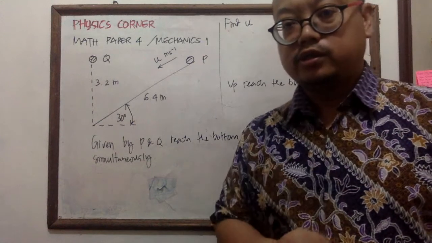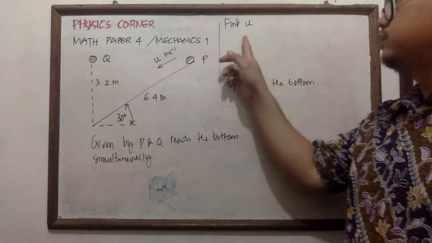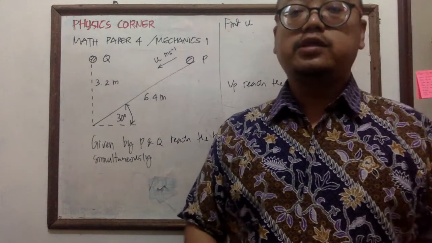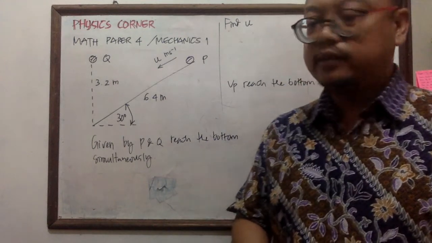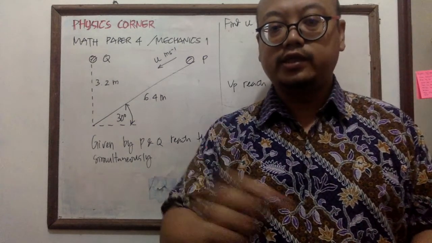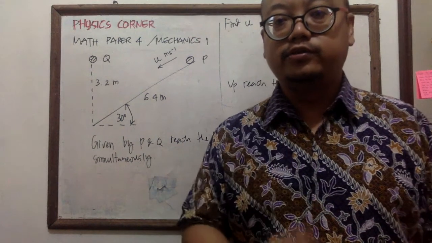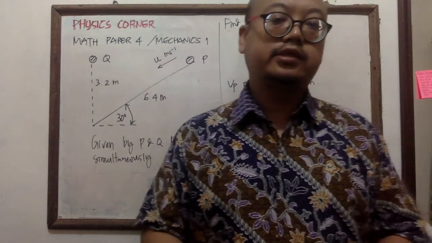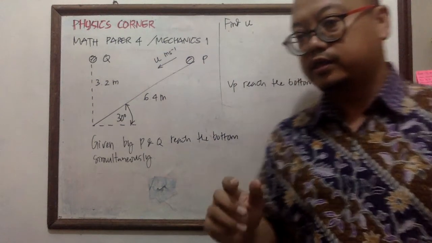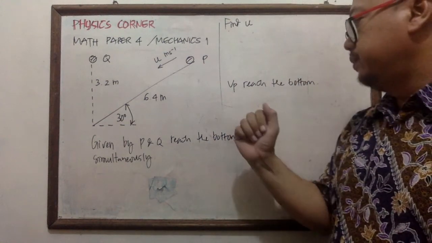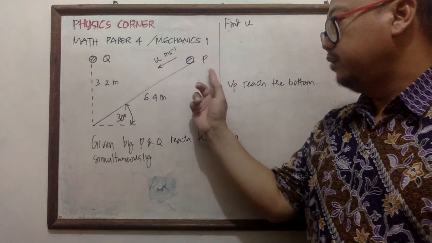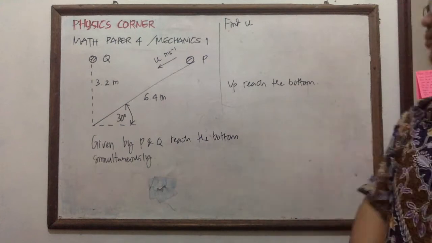We have two questions. First, we need to find U. U is the initial velocity, because P does not start from rest. So they have the initial velocity U, in meters per second, minus one. And the second question is VP, the velocity of P when it reaches the bottom.